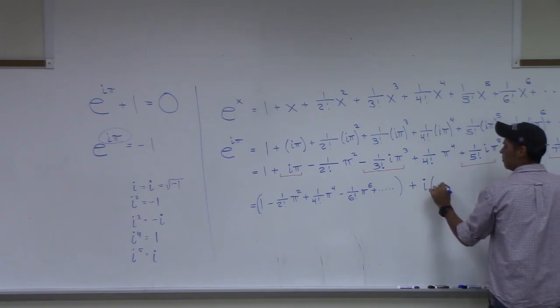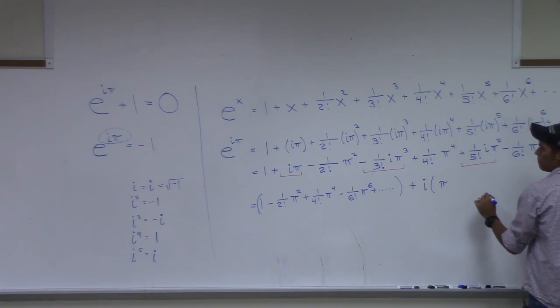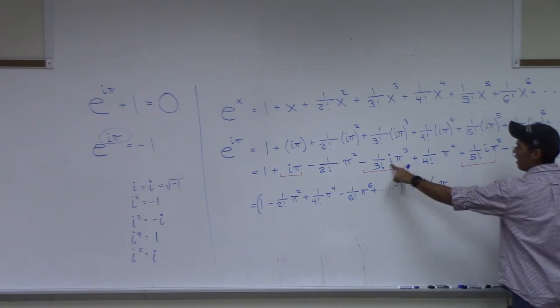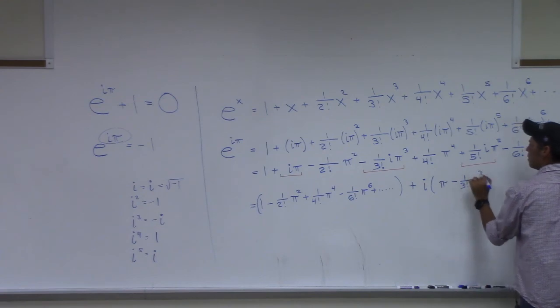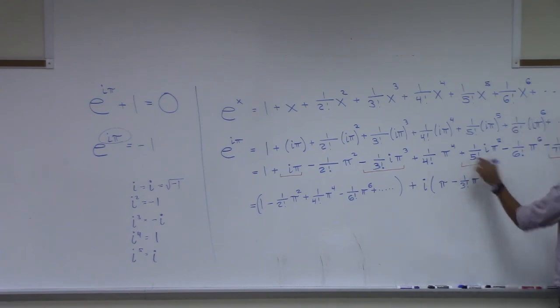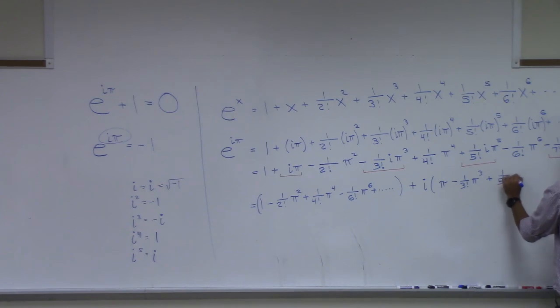Pi, right? And then what? This one right here, I took the i out, so minus 1 over 3 factorial pi cubed, plus this one, 1 over 5 factorial pi to the 5th, yes? Minus 1 over 7 factorial pi to the 7th, plus dot, dot, dot.